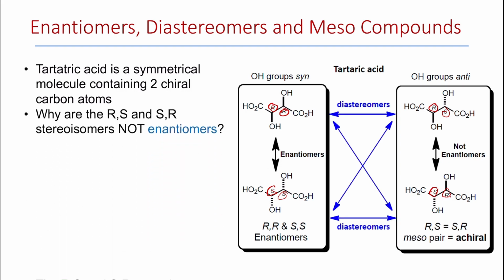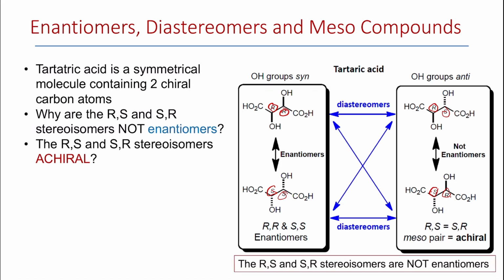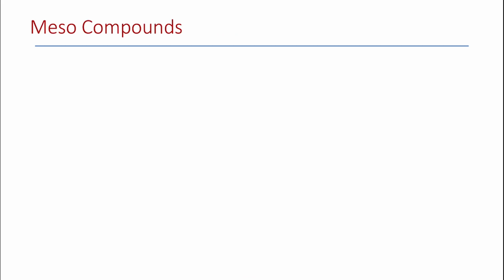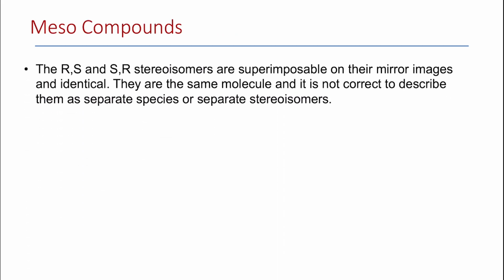So what are meso compounds, and how can we identify whether or not our isomer is a meso compound? A meso compound, when we have the RS and SR stereoisomers, is going to be superimposable on its mirror image; they are going to be identical. So this is the case for tartaric acid.